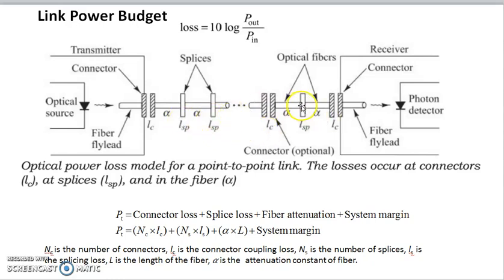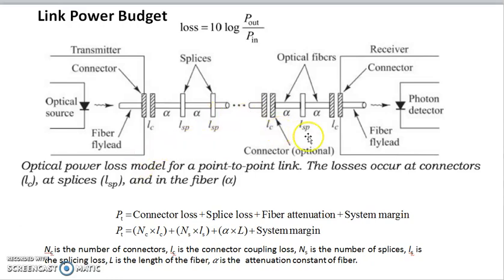In between the link we use splices, and because of that splicing there may be losses. So we consider a splice loss, how many splices we are using, and how many connectors we are using. According to that there will be losses because of the connectors or splices there.